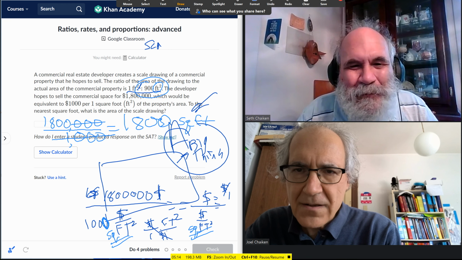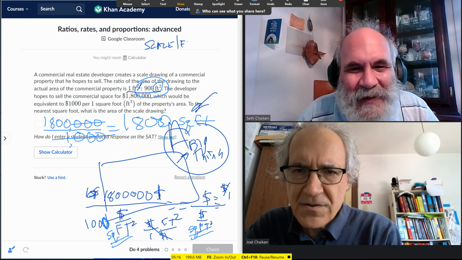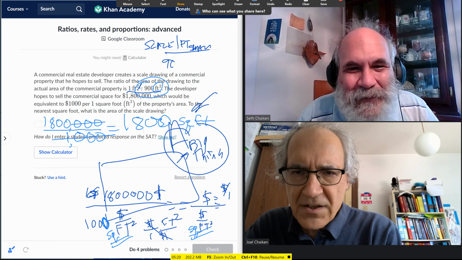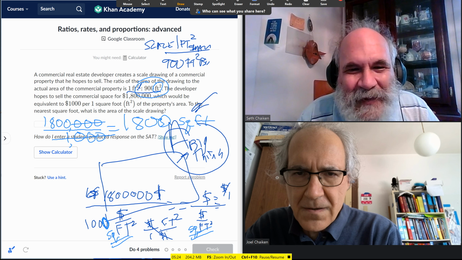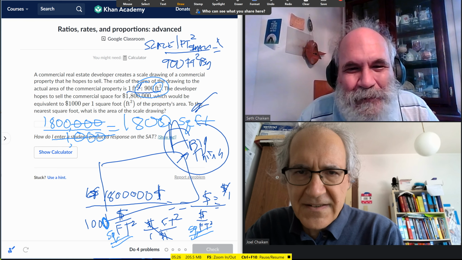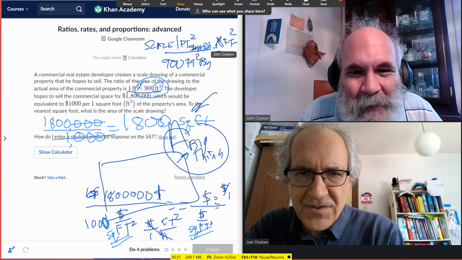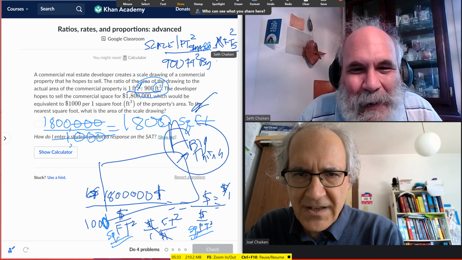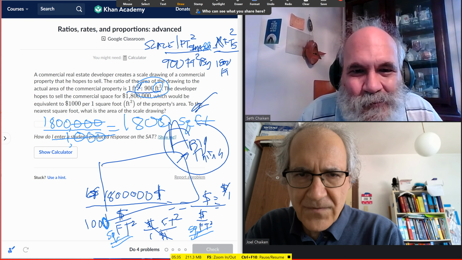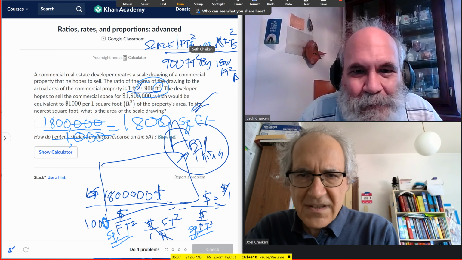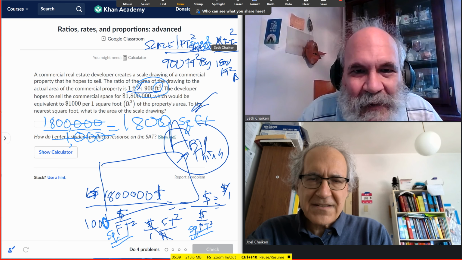So the scale is 1 square foot for the small, 900 square feet for the big, equals x square feet for the small divided by 1,800 square feet for the big. And then you solve for x, you realize that x is 2.